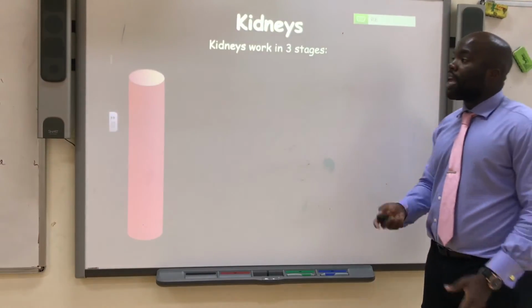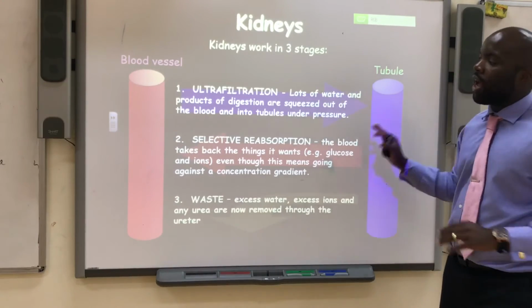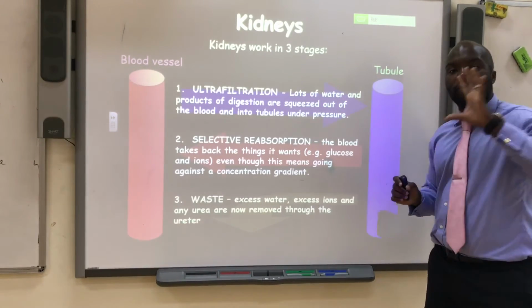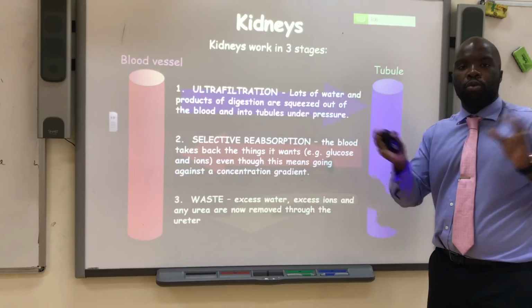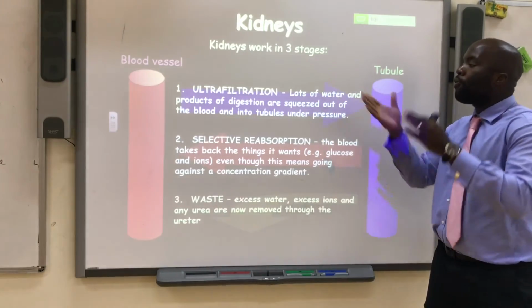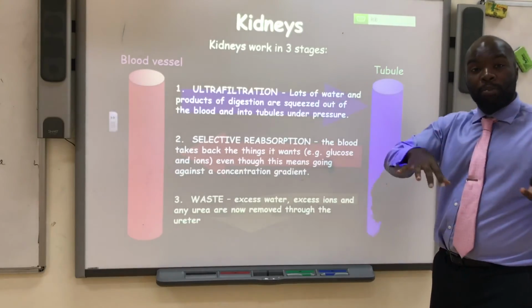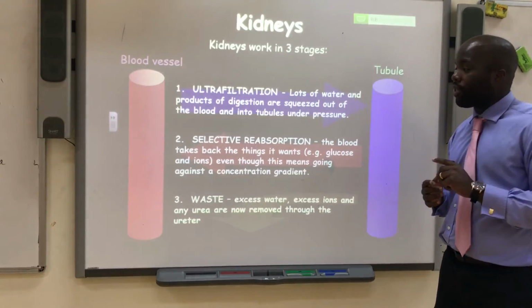Now, the kidneys work in three stages, as we've said, so let's look at this slide, which can be used for you to pause with a diagram of the tubules and the blood for you to make your notes. So we have filtration first of all. All of the water, ions, glucose and urea passes from the blood into the tubules, as you saw in the previous diagram.